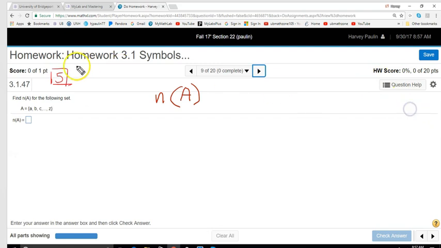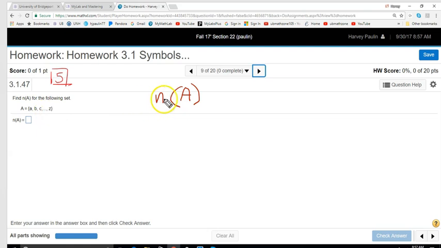Now for number 5, they're asking us to find this of set A. Now notice set A is in roster notation. It is finite. The use of an ellipsis in there indicates the pattern continues until it gets to Z. So what are they asking here?